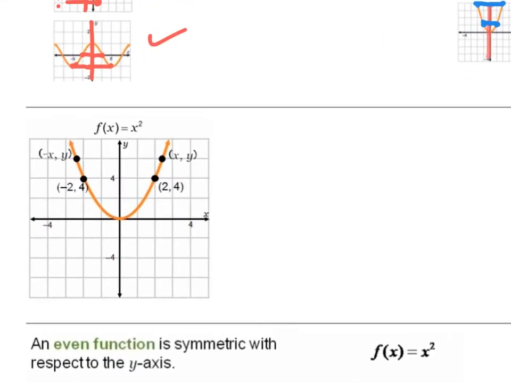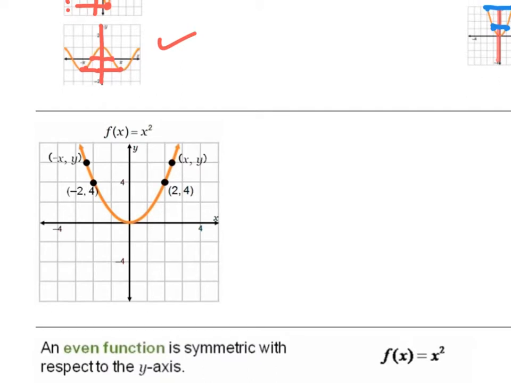Let's talk about your standard symmetric function, the simple quadratic function f of x equals x squared. As I look at this function, here is my line of symmetry, the y-axis.